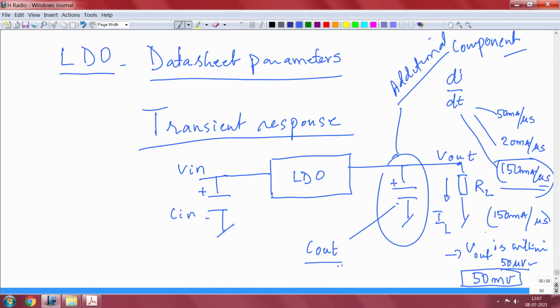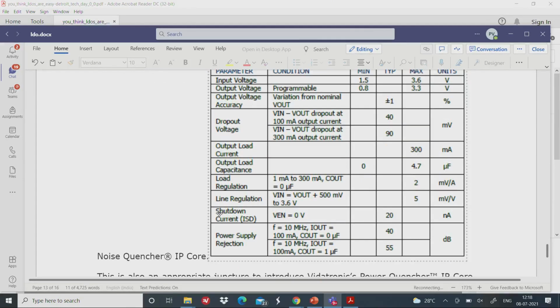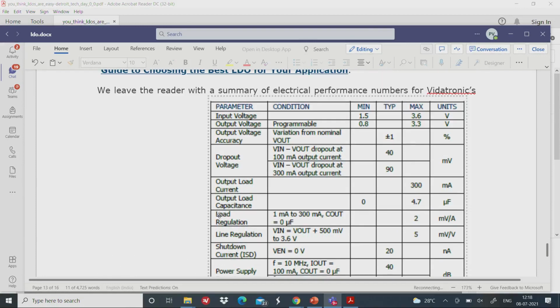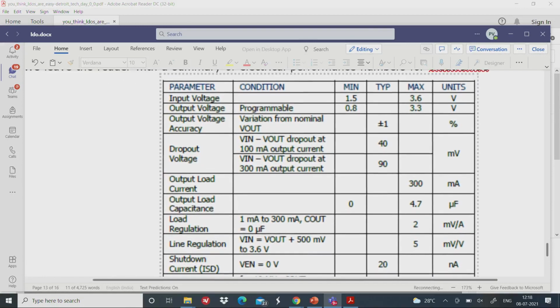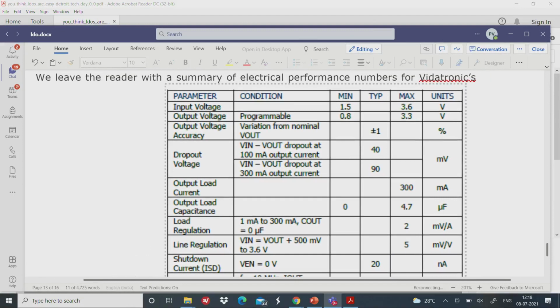In summary, these are the parameters of great interest to you. So let us run through them, and this is the same that you saw in the other data sheet as well. Input minimum, typical, maximum. Output voltage programmable from 0.8 to 3.3 volts. Output voltage accuracy plus minus 1%.